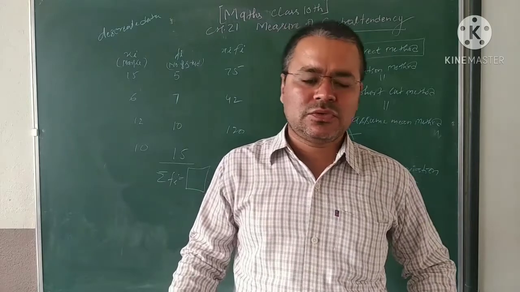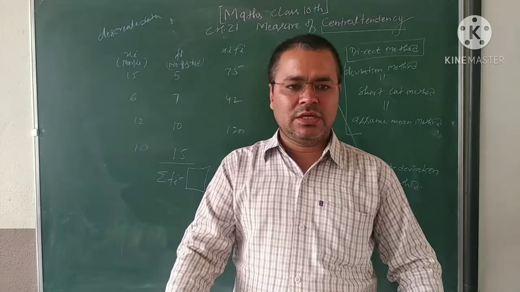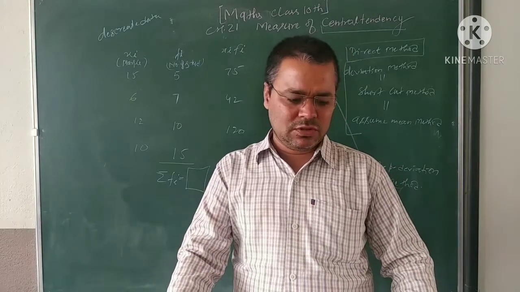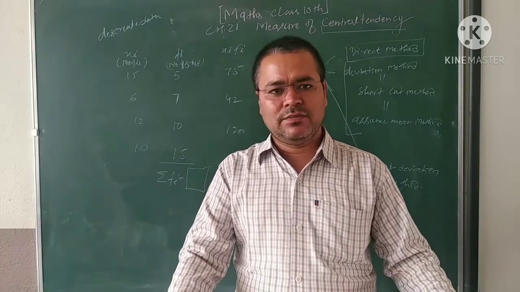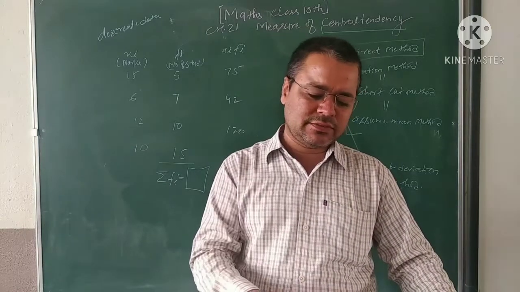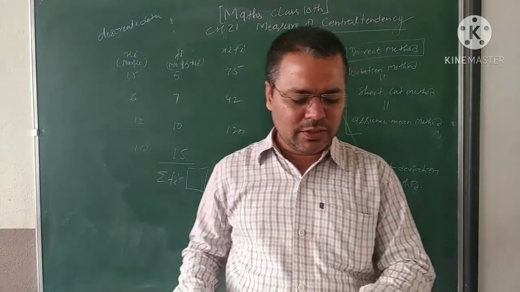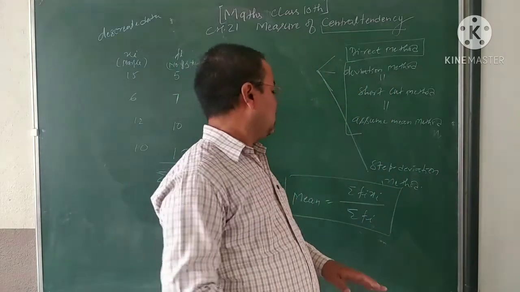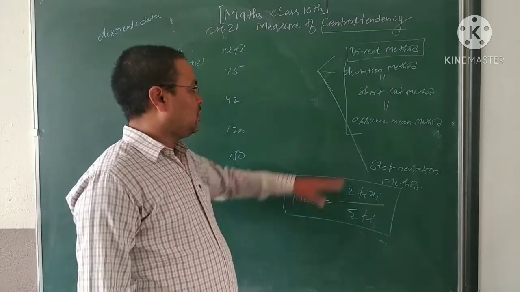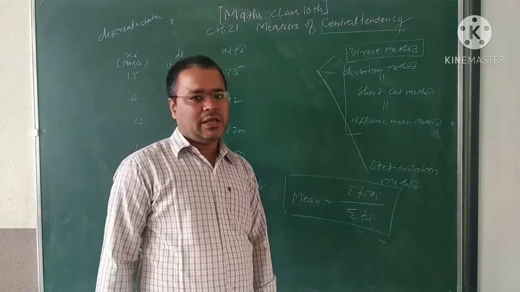You only have to see the theoretical portion, the terms and logic, so that it will be easy and helpful for you to solve the questions in chapter 21, measure of central tendency, in class 10. Okay, in this way we can find this. Then what is the formula for the direct method? Mean is equal to sigma fi xi upon sigma fi.